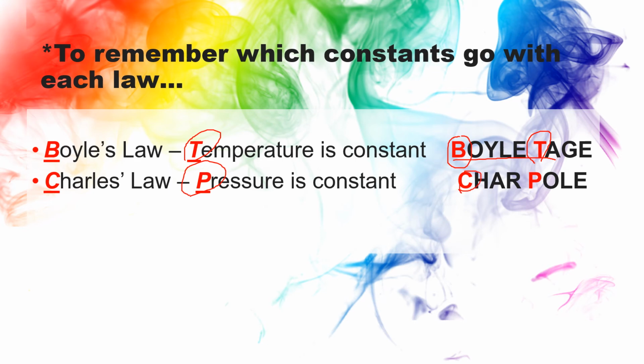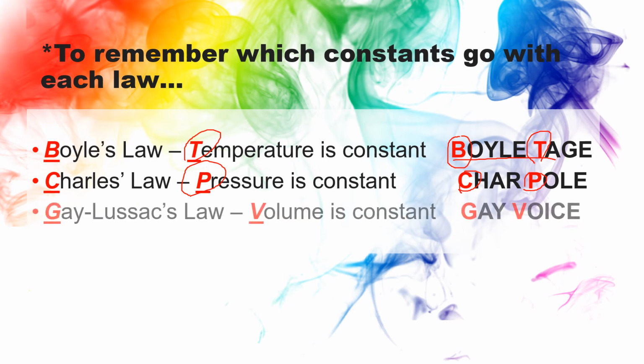C for Charles' law, Paul, letter P, pressure is constant. And for Gay-Lussac's law, since volume is the constant, you just have to remember Gay-Voice. Gay for Gay-Lussac, V, voice for volume is the constant. So if you already know the constant of each law, then you can easily memorize the formula already.